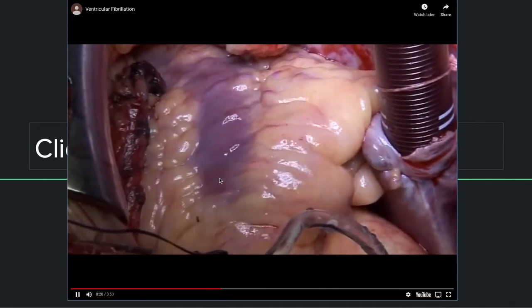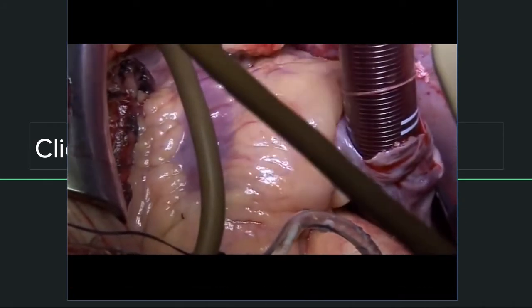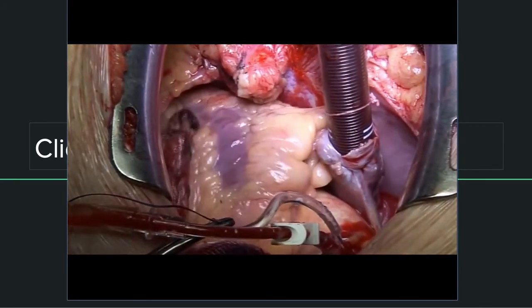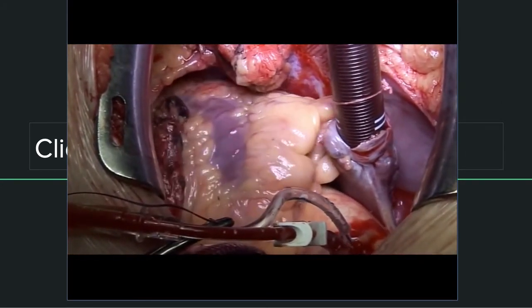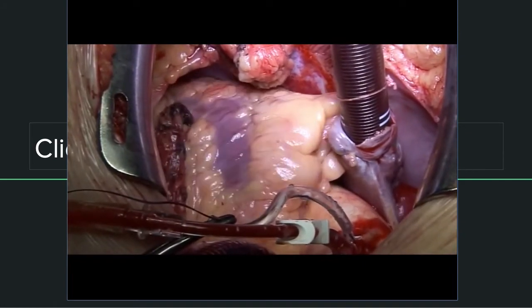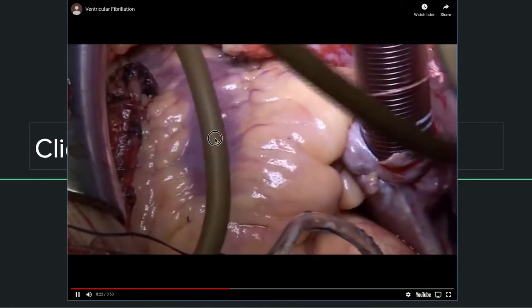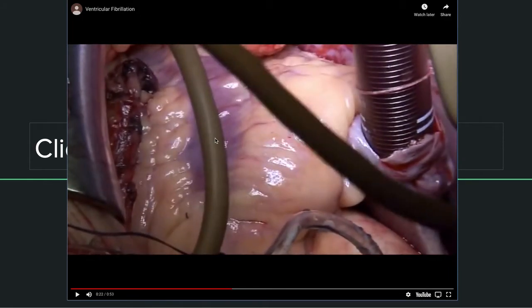So ventricular fibrillation, bunch of pacemakers. Then they shock the heart, and the SA node takes over again, and now you can see the heart and ventricles beating normally again. So again, VFib, lots of pacemakers, uncoordinated contraction.